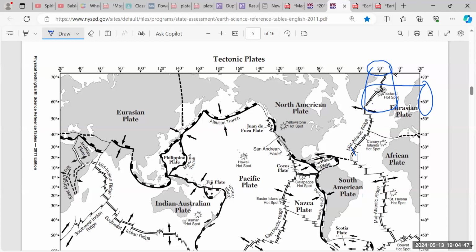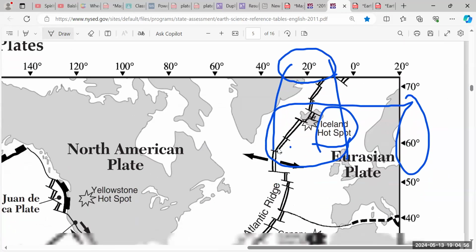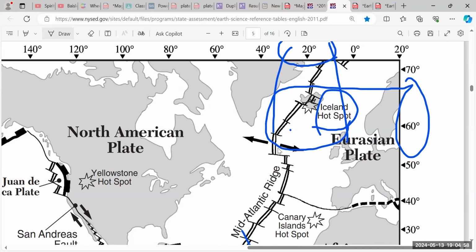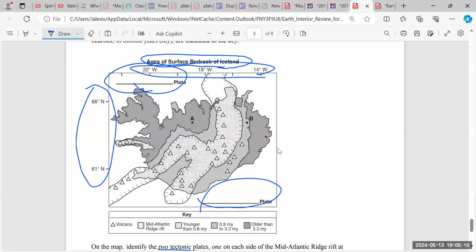It says Iceland hotspot right here. Now when I zoom in, there are two plates that separate the Iceland hotspot: the Eurasian plate on the right side and the North American plate on the left side. These are my two plates. So how would I write it?